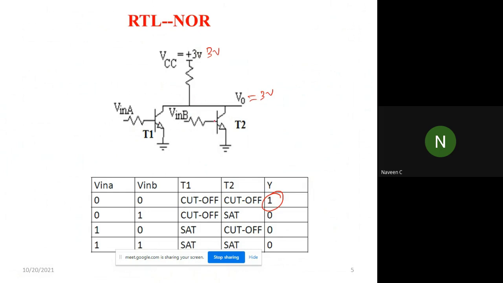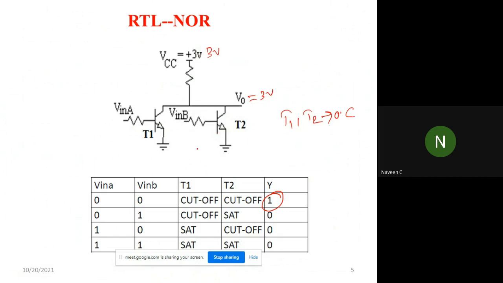So this 3 volt will appear here when T1 and T2 become open circuit. You will get 3 volt in your output whenever T1 and T2 are open circuit, because whenever they get short circuit, the 3 volt will flow to the ground.